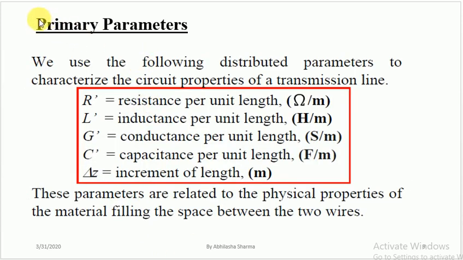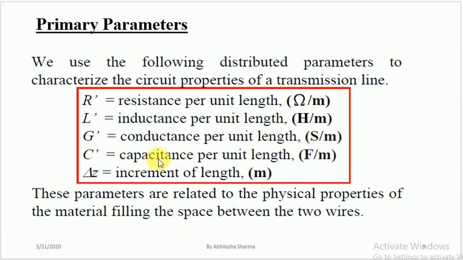Now we summarize the primary parameters of the transmission line. We use the following distributed parameters to characterize the circuit property of a transmission line. R is the resistance per unit length. L is the inductance per unit length. G is the conductance per unit length.